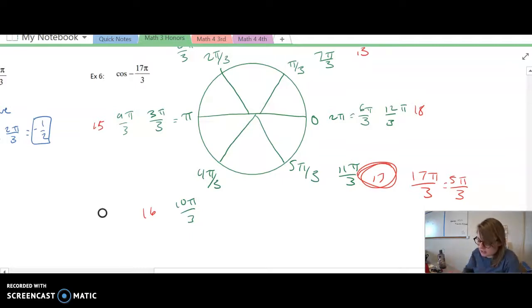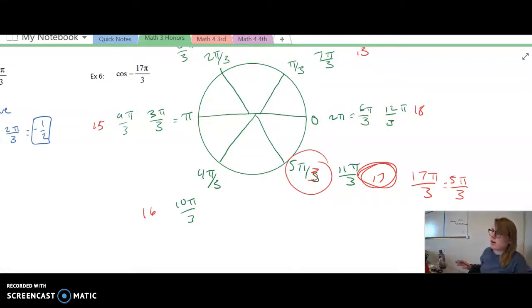So since 17 pi over 3 is the same as 5 pi over 3, and I didn't mean to erase that, we're going to look at this in a backwards way. So the one cool thing about the unit circle is that if we have a negative and it ends up here, we can just reflect it over the diameter, and it's the same as the one that's up here.